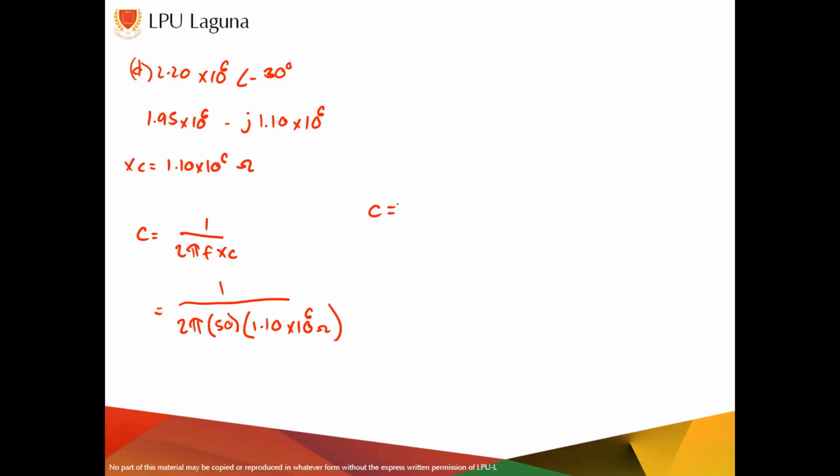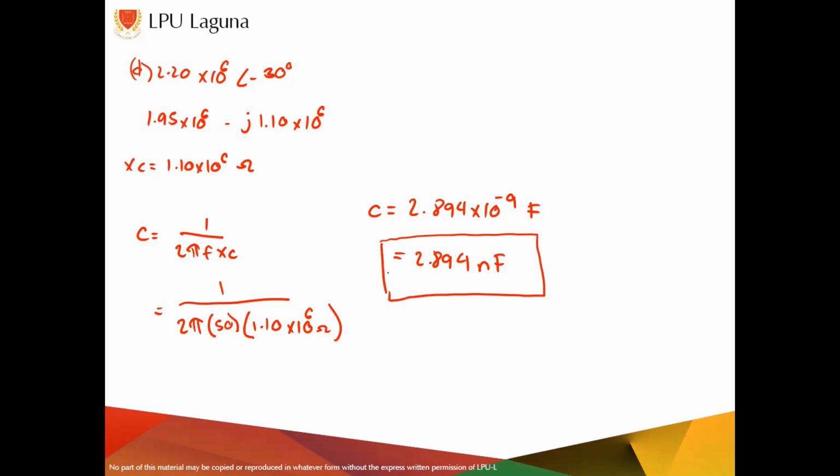And our C is 2.894 times 10 raised to negative 9 farads, or 2.894 nanofarad. Okay. So, tapos na tayo sa ating problem number 1.